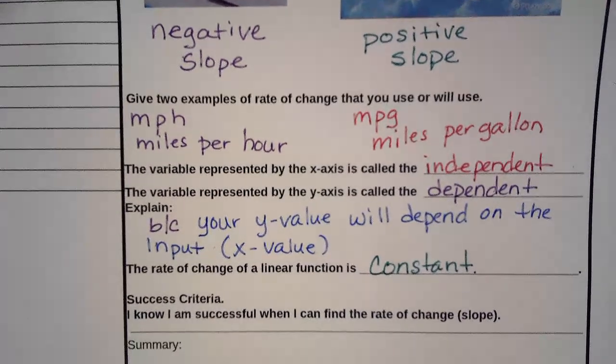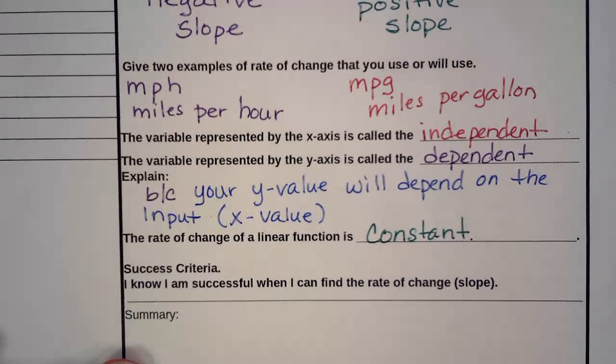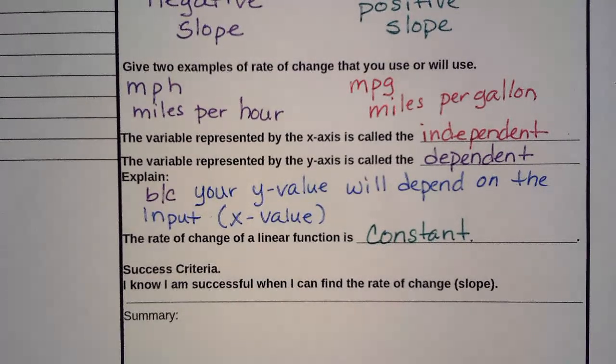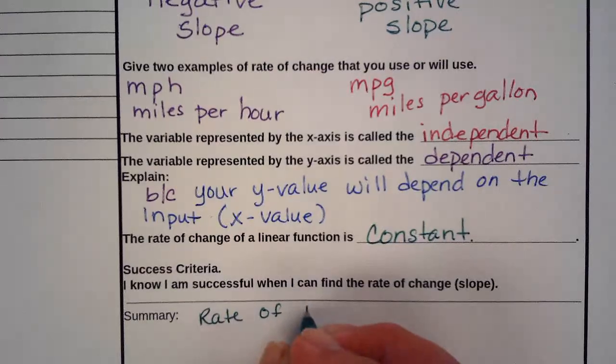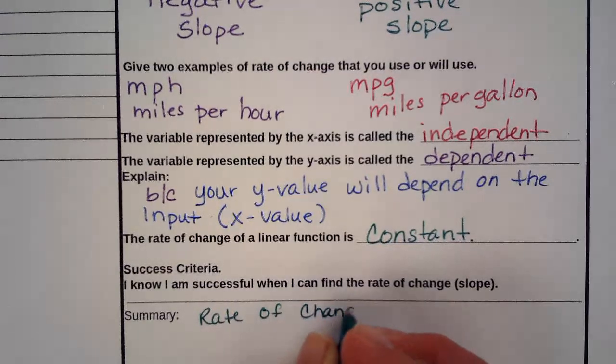So, how do you know when you're successful? When you can find the rate of change or the slope from different diagrams, graphs, from an equation, from 2 points. And this is rate of change, or slope.